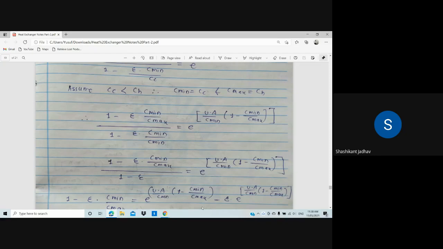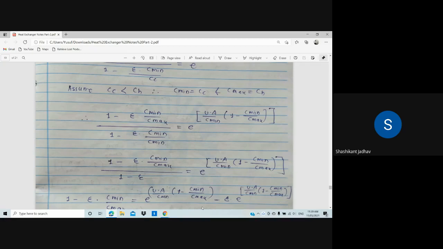Okay, then do the simplification. We get the equation as 1 minus epsilon C minimum upon C maximum is equal to, we have to take that 1 minus epsilon to the right hand side. So first we have to multiply by 1 into that equation, then we have to multiply epsilon into that equation.